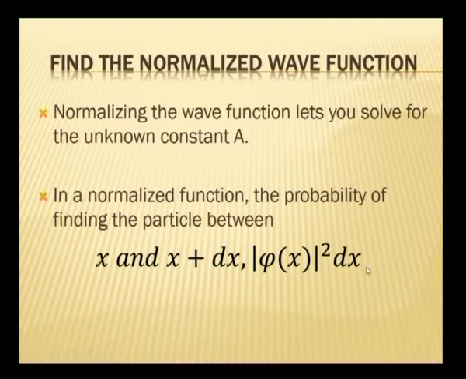That gives the probability of finding the particle in a given region dx. dx is a distance, or d tau is a volume. In a given volume, phi x square dx gives the probability of finding a particle. The probability of finding the particle between x and x plus dx is obviously phi x square into dx.